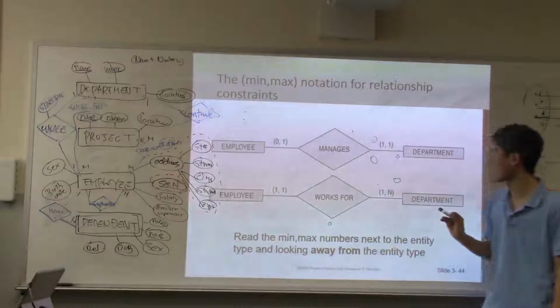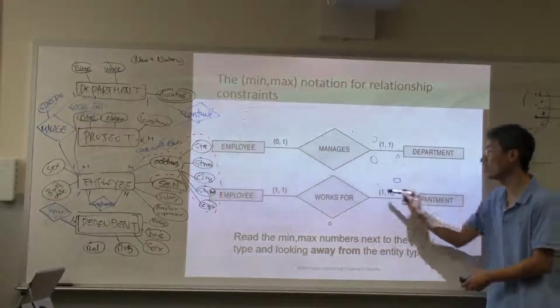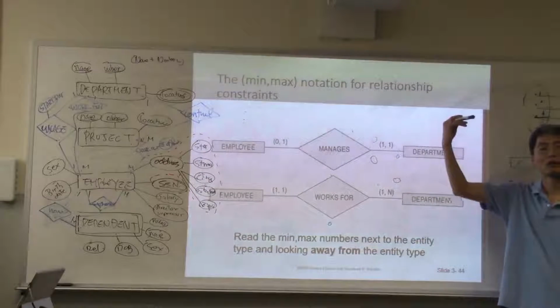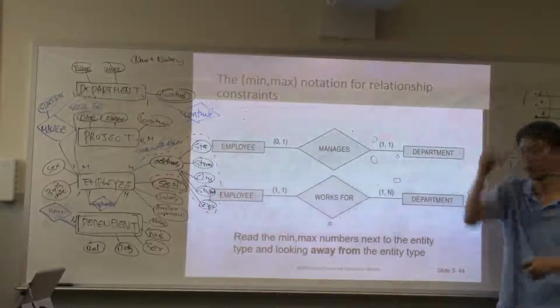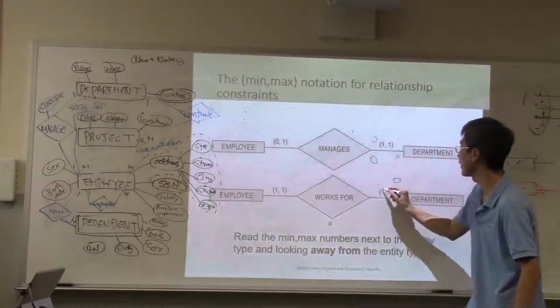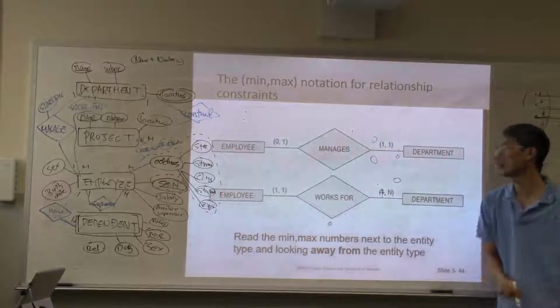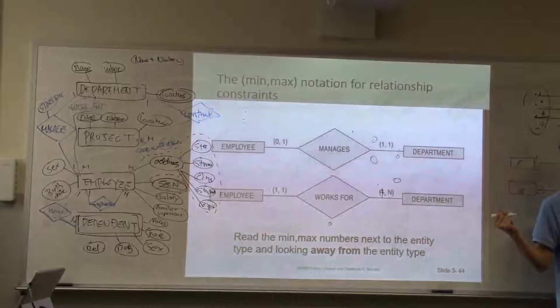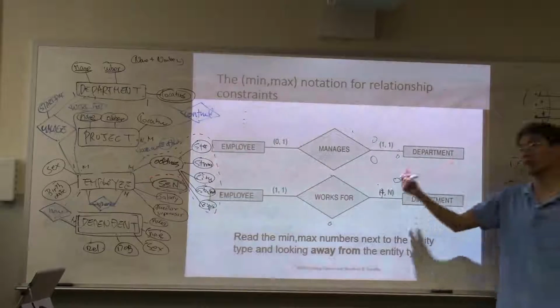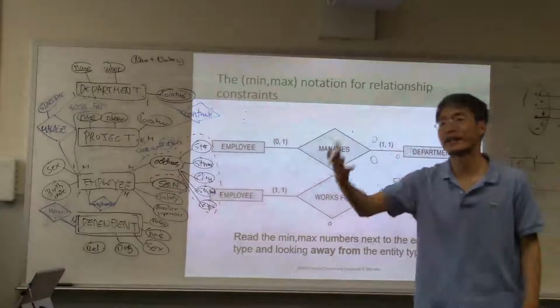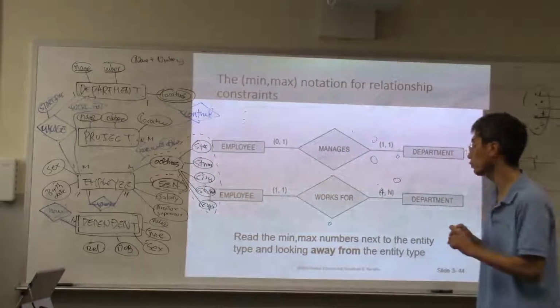What about this department? Each department should have minimum 1, maximum the unlimited. If you want at least 4 employees, you can specify such a thing. So min-max notation gives more detailed information about your model.